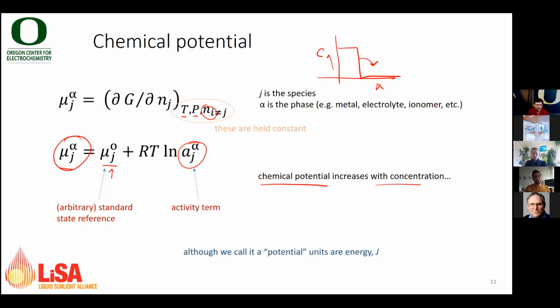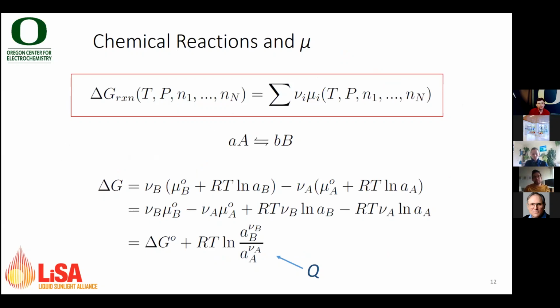just like balls rolling downhill. Okay. And although we call this a potential, a lot of things in thermodynamics are called potentials, even though their units are energy and not a volt. We'll get to the difference between these things in a moment. Now, for chemical reactions, we can write the delta G of a reaction at a given temperature, pressure, and concentration of species as the sum of the stoichiometric coefficients times the chemical potential of each component.